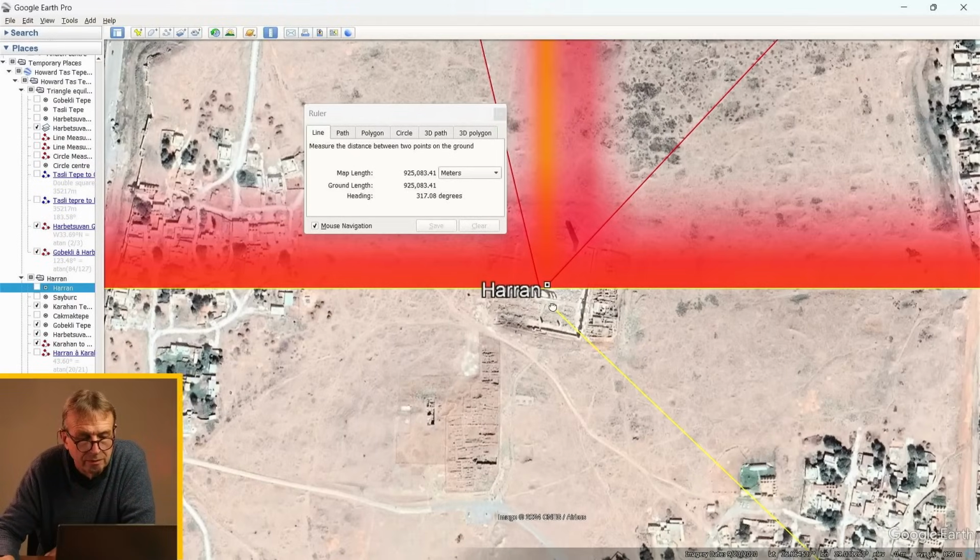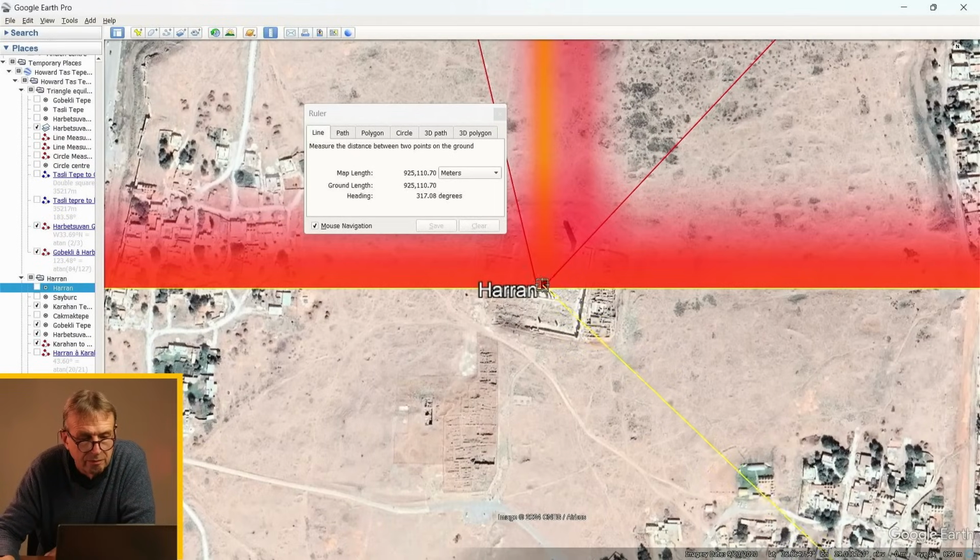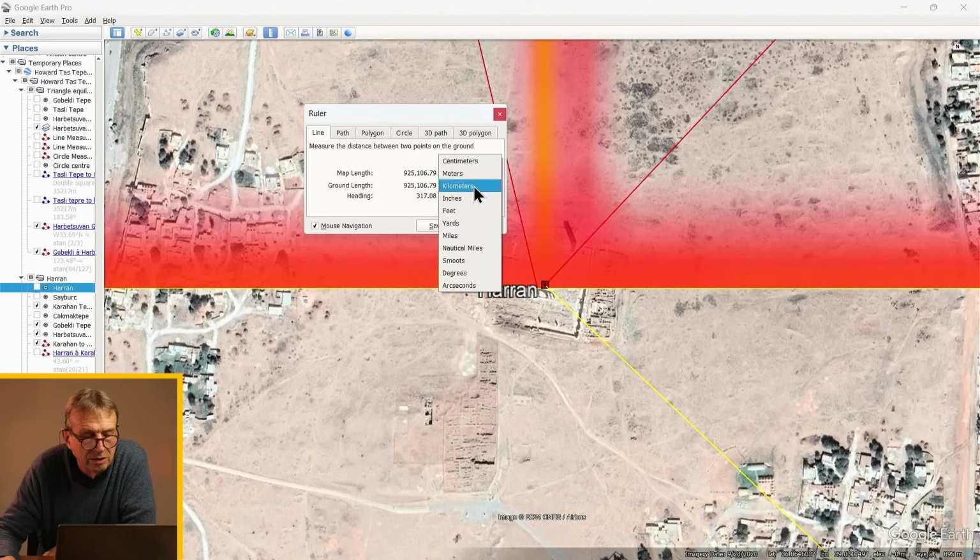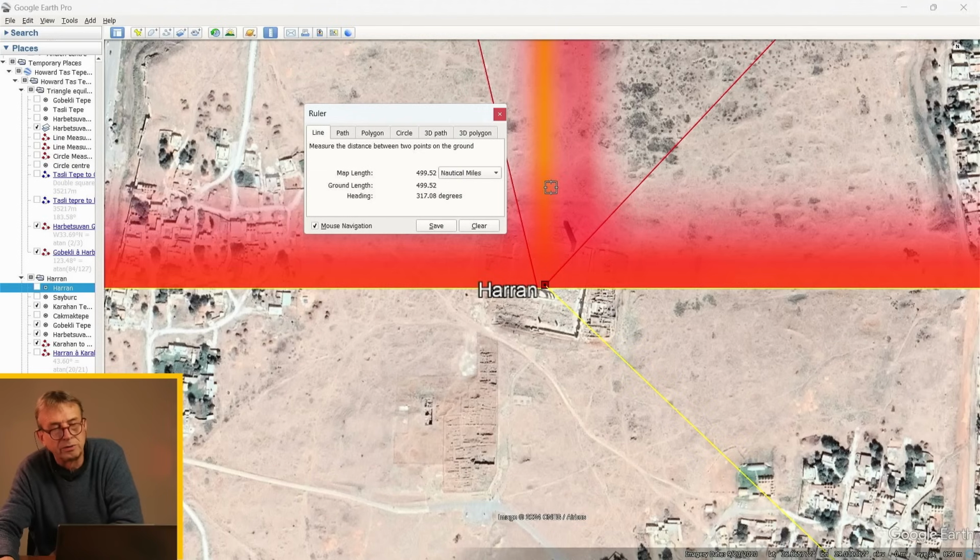Okay. So that's a distance of 925,000 meters, or in miles, 574 miles, or in nautical miles, it's 500 nautical miles, which is rather surprising.